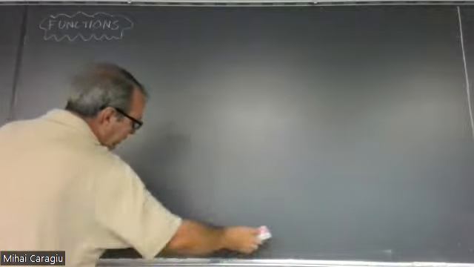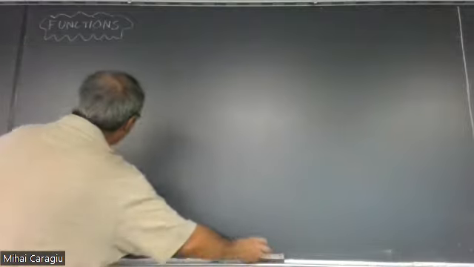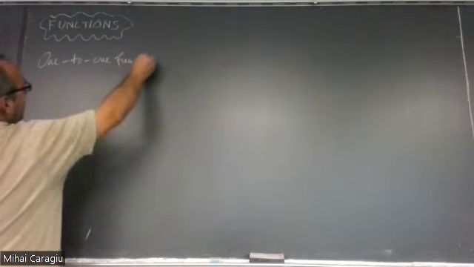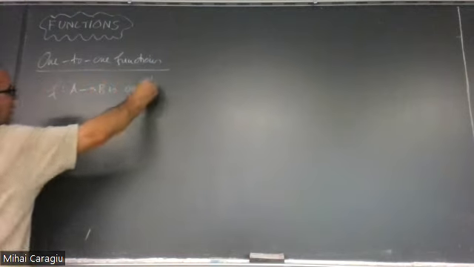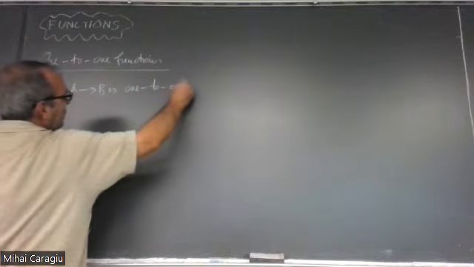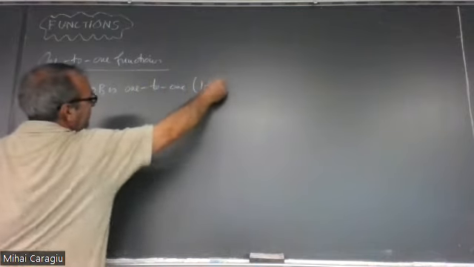So okay, that's one way to introduce functions. So let's define categories of functions. It will be useful for the homework, right? We get one-to-one functions. So a function f from A to B is one-to-one. We can abbreviate this by saying 1-1.